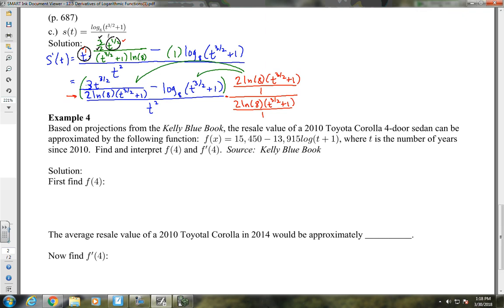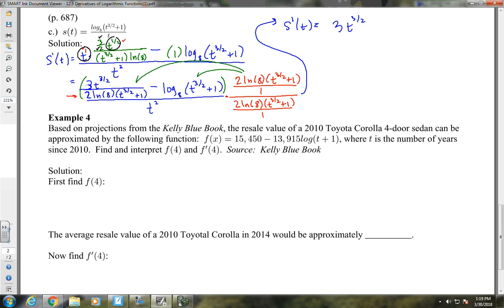The good news is when I multiply it to that first term, that whole denominator is going to cancel. So we just end up with a cute little 3t to the 3/2, because the 2 ln of 8, t to the 3/2 plus 1 canceled.